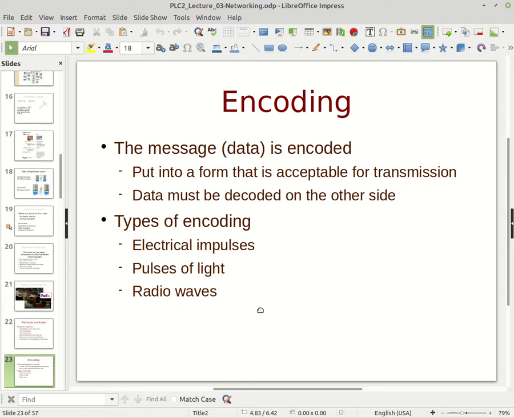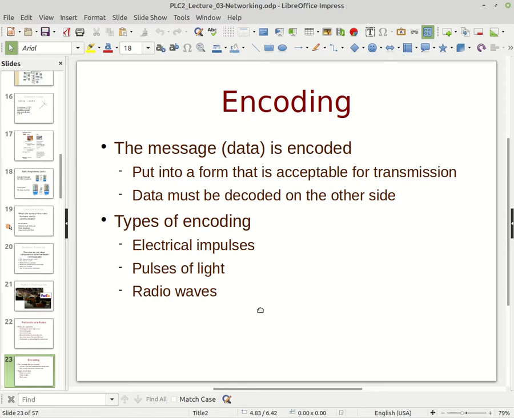Just like if you were going to mail a letter to a friend, you would have to take the letter, which is the data, put it inside an envelope. On the envelope, you're going to have to put their address, your reply address, and then put a stamp on it. So all this is considered encoding.